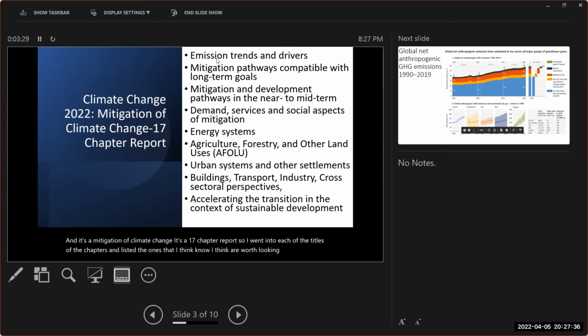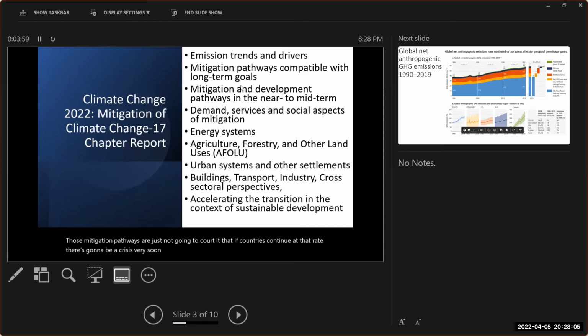They looked at emission trends and what's driving these emission trends, and mitigation pathways compatible with long-term goals. Each country comes together and says, I'm going to do this, I'm going to do that. But from their results, they think those mitigation pathways are just not going to cut it. If countries continue at that rate, there's going to be a crisis very soon.